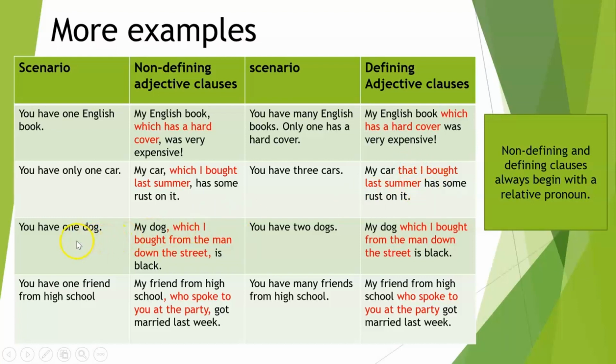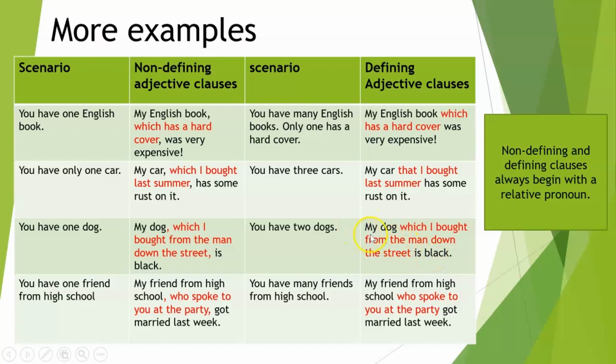Now, in this situation, you have one dog. My dog, which I bought from the man down the street, is black. In this case, you have two dogs, and you're using this clause to identify which dog is black.